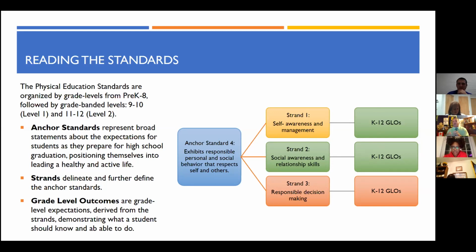So we adopted that structure when setting up our anchor standards. We further categorize each anchor standard into what we call content strands, and then within each content strand, we come up with K through 12 GLOs, again, to help center or focus the physical education practitioner.